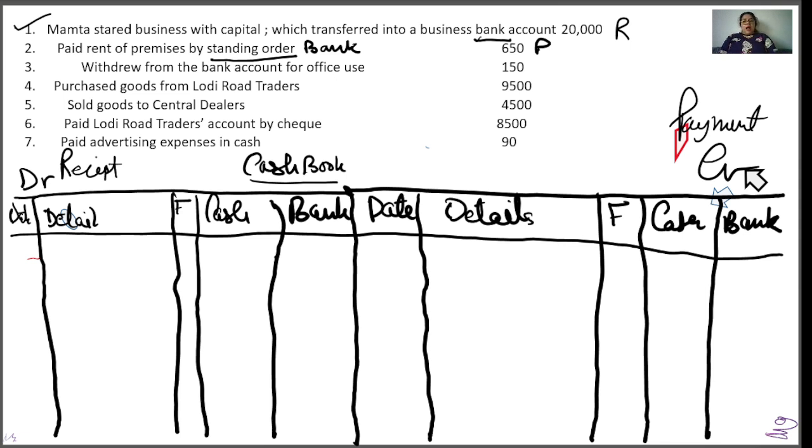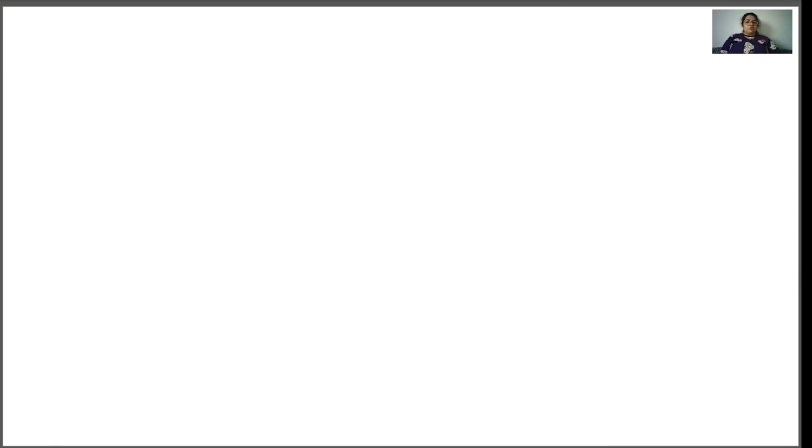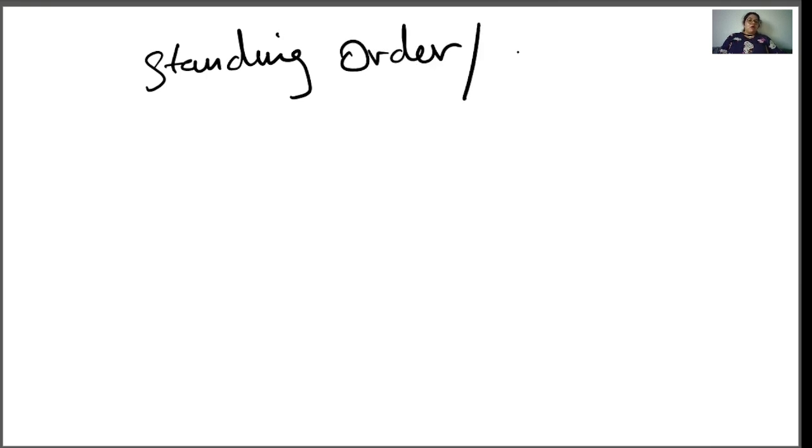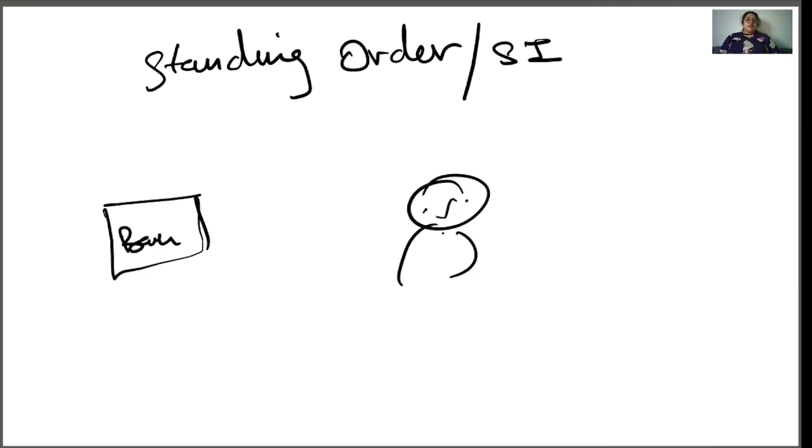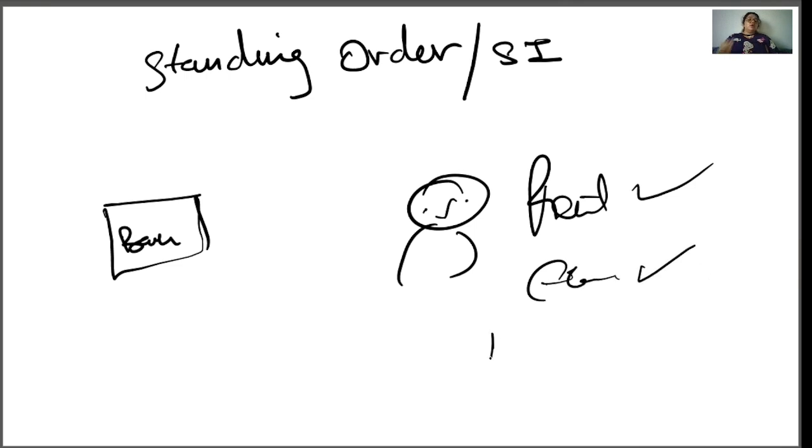I think most of you know this term, standing order or standing instruction. Suppose there is a customer who is very busy and wants to pay, say, rent, electricity bill, an installment of a loan or interest on a loan every month.